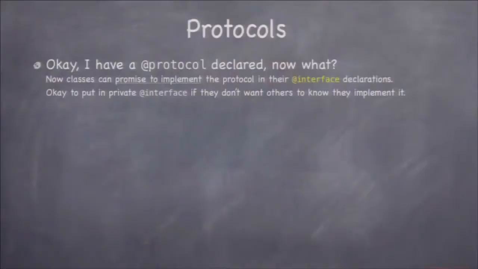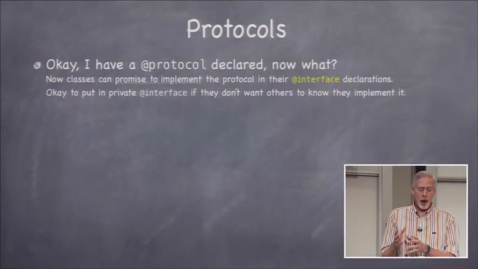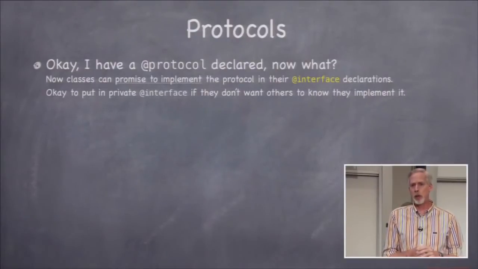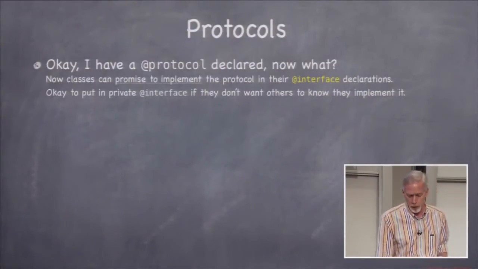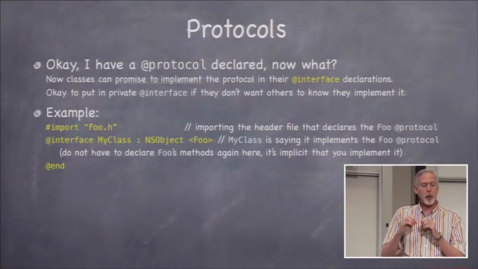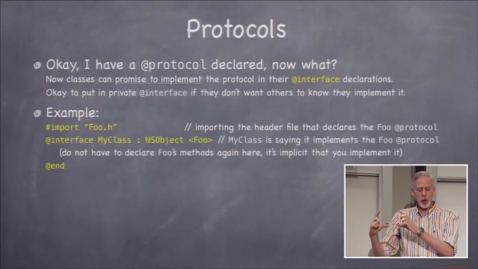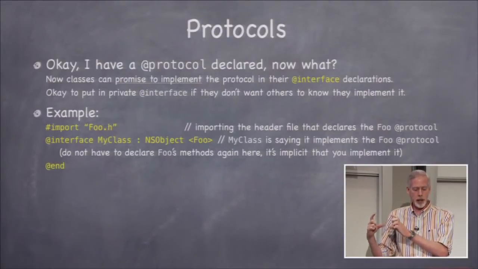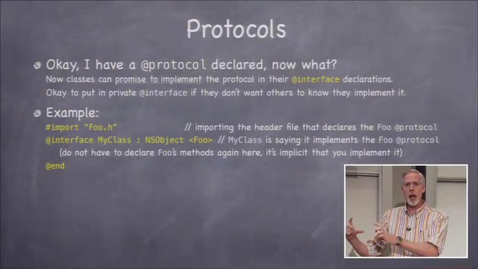All right, so now we have the protocol declared. We defined this little bundle of methods, including the setters and getters of properties, perhaps. Now, some class has to promise to implement that protocol. And how do you promise to implement a protocol if you're a class? You just put angle brackets, the name of the protocol, on your @interface line. So here is my public @interface line, and my class inherits from NSObject, angle brackets foo.